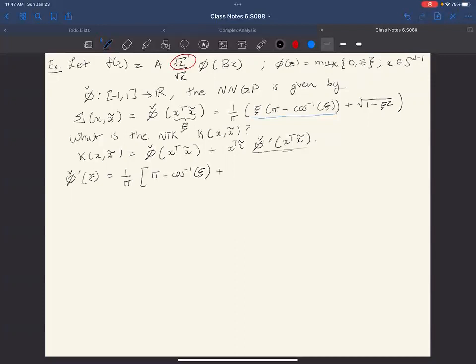And the derivative of cosine inverse, so I'll just write here, because this is usually a tricky one to remember, is just -1 over square root of 1 minus psi squared. So we'll have a negative and a negative. Those will cancel out. And so we'll get plus psi over square root 1 minus psi squared.